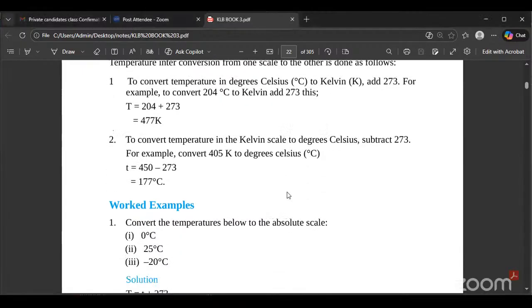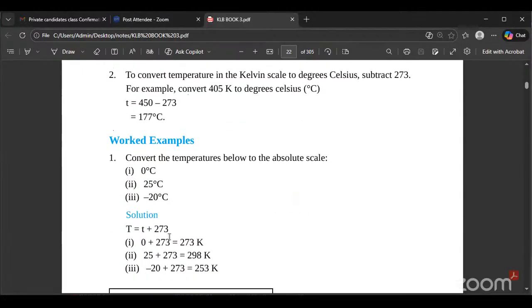So convert the following temperatures to the absolute scale. The absolute scale is the SI units. Let me not say the correct one, because degrees Celsius is also correct, but the one we use in calculation is the absolute. Okay, so convert the following.